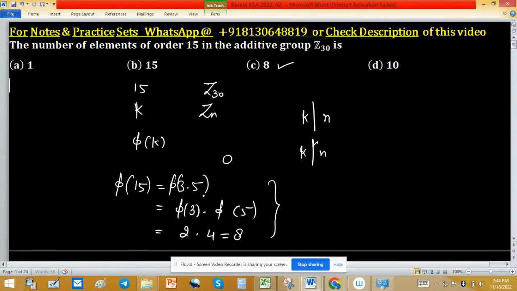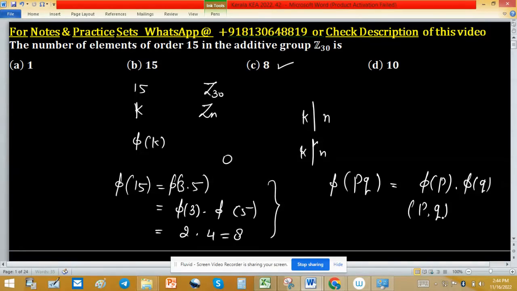How I used the Euler phi function: phi of pq equals phi of p into phi of q, whenever GCD of p and q is 1, and phi of p equals p minus 1. Used these two concepts to evaluate the value of phi of 15.